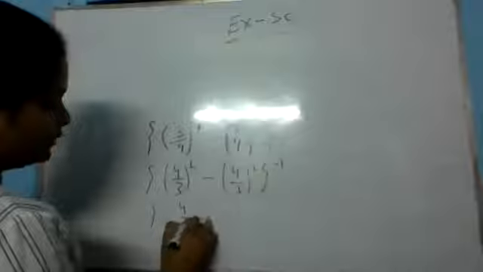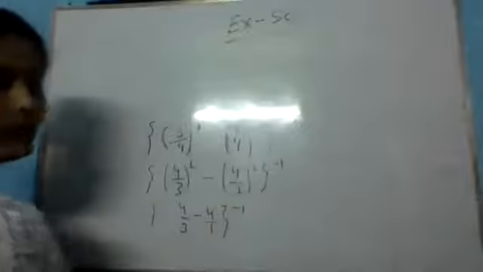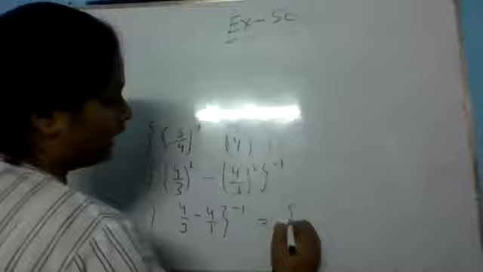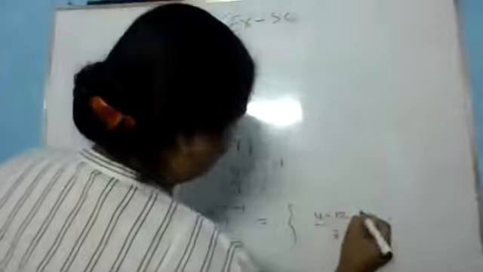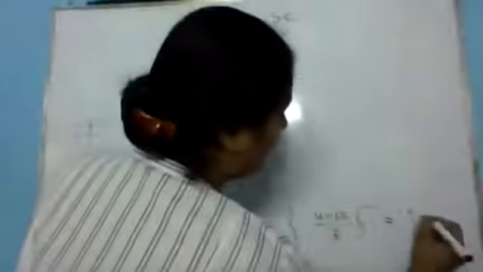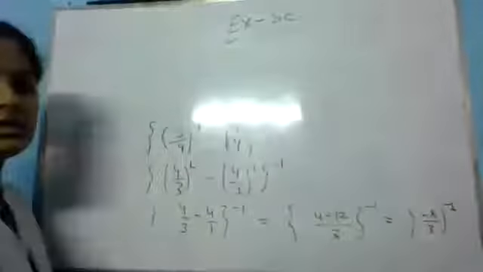So 4 by 3 minus 4 by 1, that means 4. And the power is minus 1. Here I can take the LCM. So it will be 4 minus 12 upon 3 to the power minus 1. So it will be minus 8 upon 3 to the power minus 1.